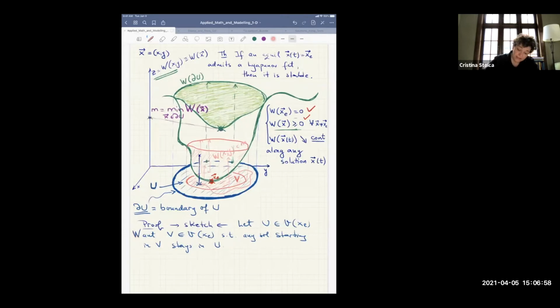So now the idea is that if I start inside here, inside V, I will end up with the point up here. And from here, the only thing I can do, because W along any path is going down, is that this guy will have to go down. The trace of it is W of X of T, and by hypothesis it has to go down.